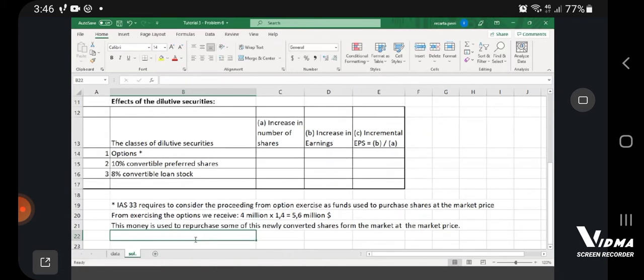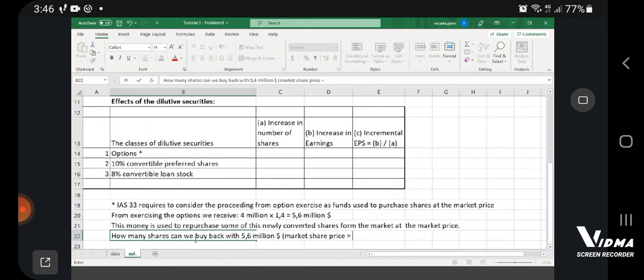So how many shares can we buy back with $5.6 million? Okay, the market share price is 2.